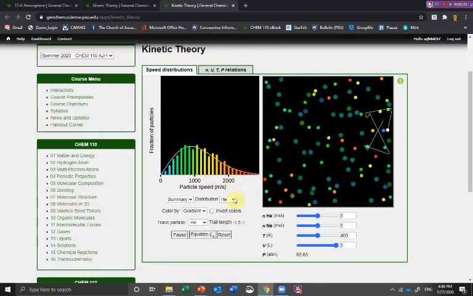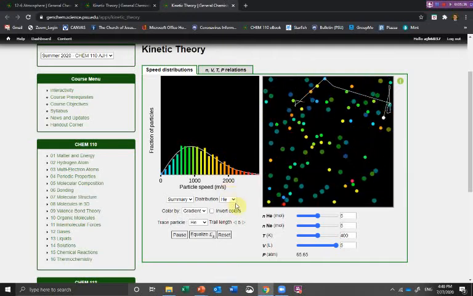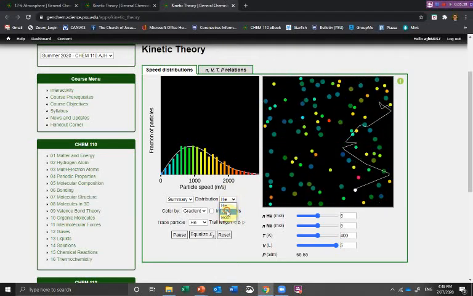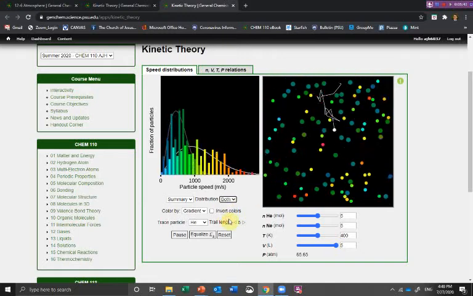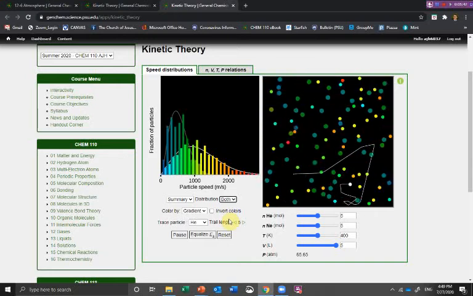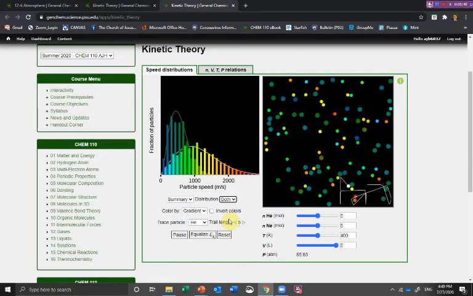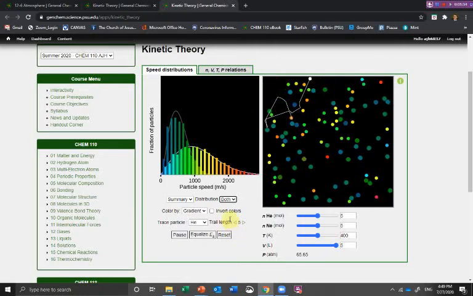Looking at the distribution of helium, we see that it has a peak at around 1,000 meters per second. For neon, it's much different. And if we plot both of them at the same time, we can see that for heavier particles, meaning the neon, on average, they're moving slower than the lighter helium particles.